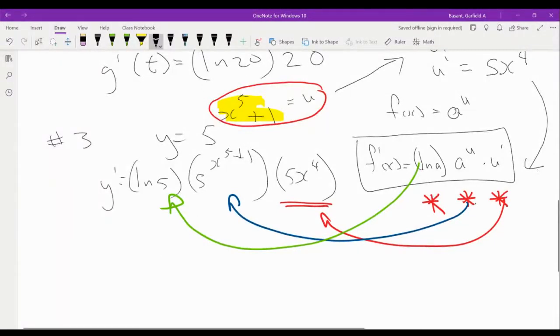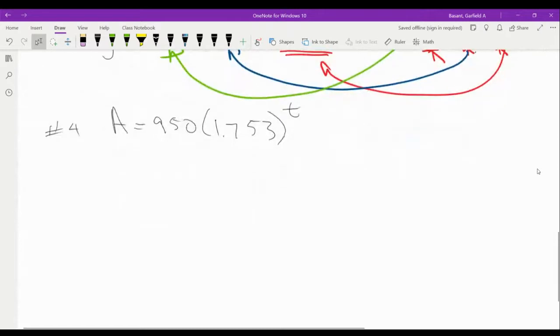All right, let's look at number 4. It says a is equal to 950 times 1.753 to the t power. Find the derivative of a.